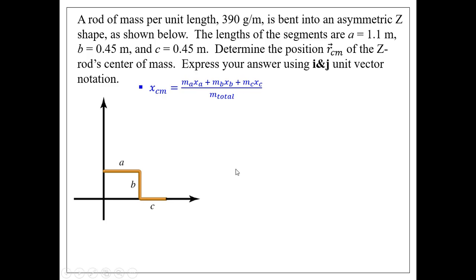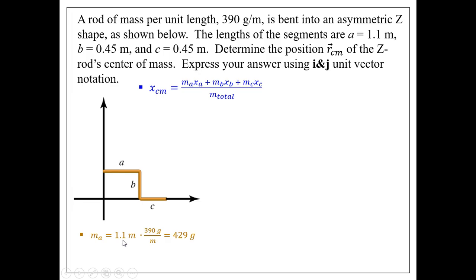Now, to do this, we need the mass of each of the segments. The problem didn't explicitly give us the mass of each segment. It gives the density, which is 390 grams per meter. So let's go ahead and find mass. That's pretty light work. All you have to do is take the length given times the linear density of each segment.